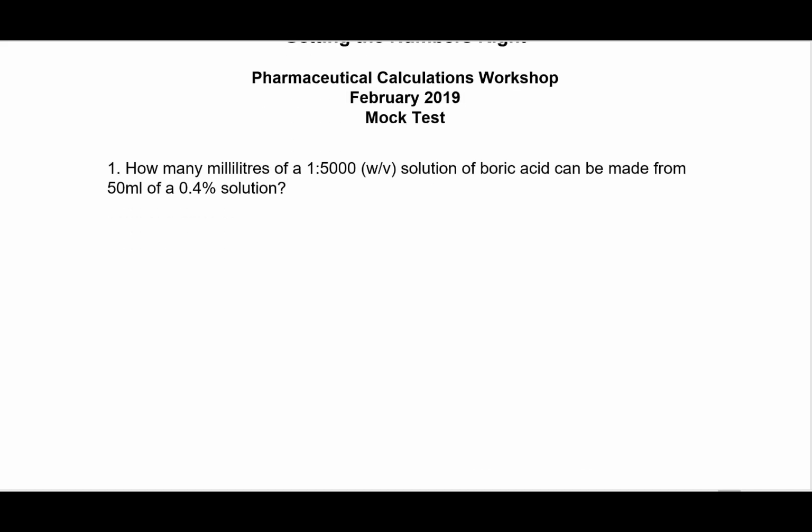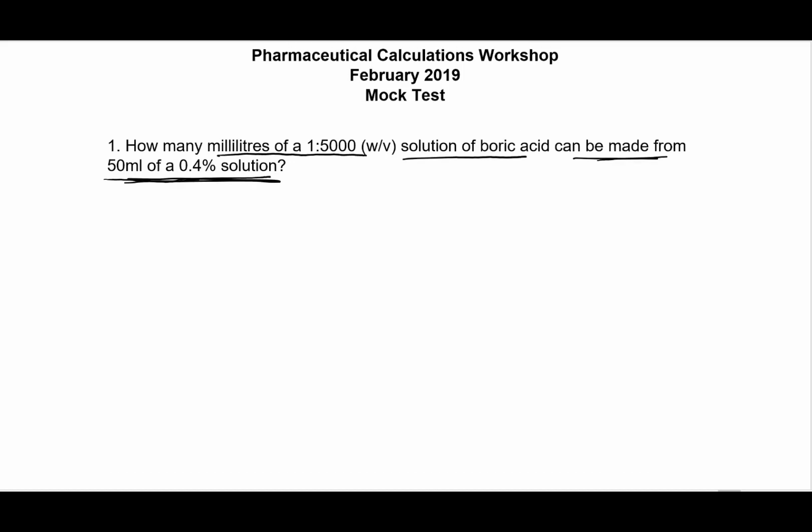In question number one, we have: how many milliliters of 1 in 5,000 solution of boric acid can be made from 50 mils of 0.4% solution? If you pay attention to the wording of the question, you can see that it is a very simple C1, V1, C2, V2 question. So we have to make something from 50 mils of 0.4.